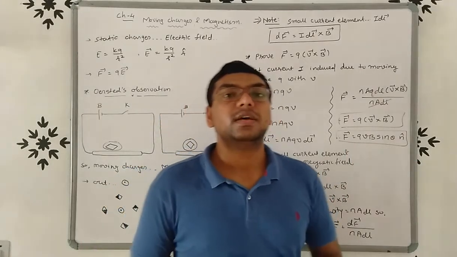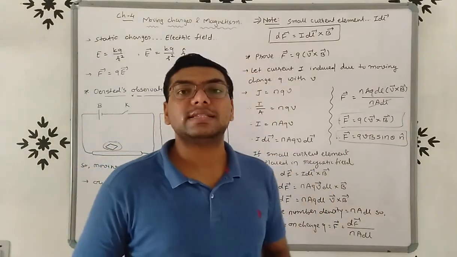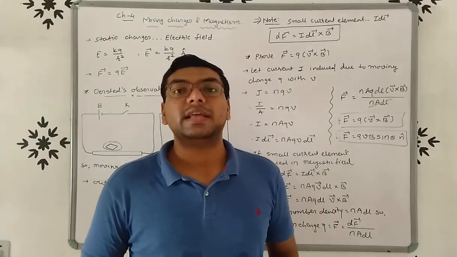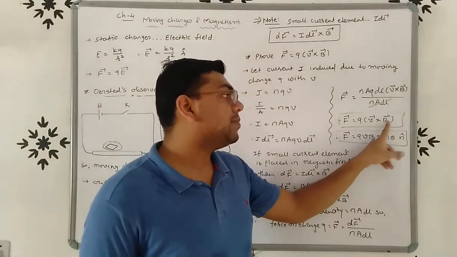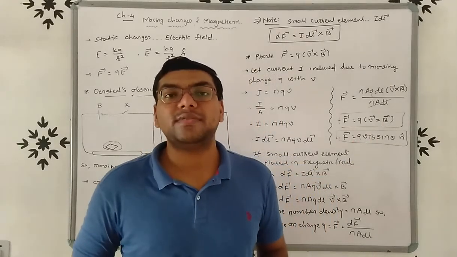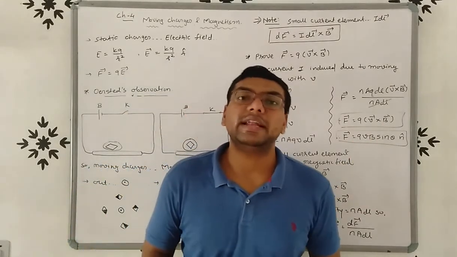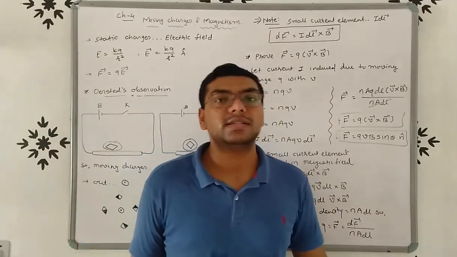If the directions of V and B are the same, theta will be 0. If they are opposite, theta will be pi and sin pi will be 0, so force will be 0. And if velocity is 0, then again force will be 0.